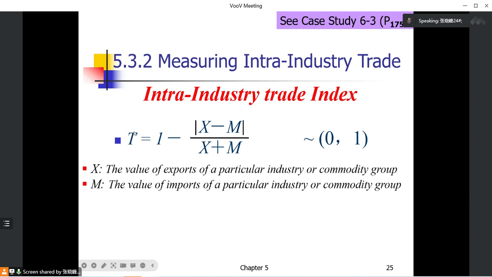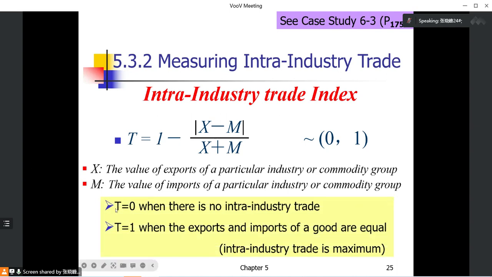T means the intra-industry trade index, which equals 1 minus the absolute value of the difference between export and import, divided by the total trade value.